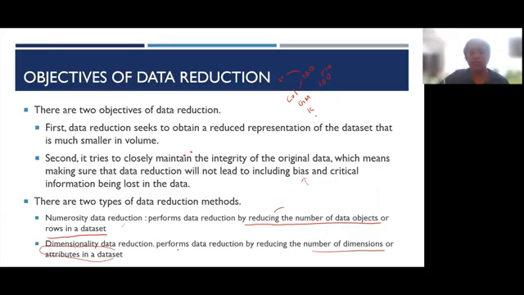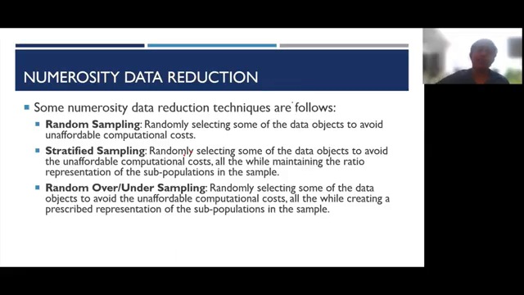Okay, right. So what is numerosity reduction? What are the techniques? You have these techniques. I'm sure you have heard about these, students. Have you heard about random sampling? Yes, probably you have learned it. What is random sampling? Let's say I want to find out what people think about the QR code.